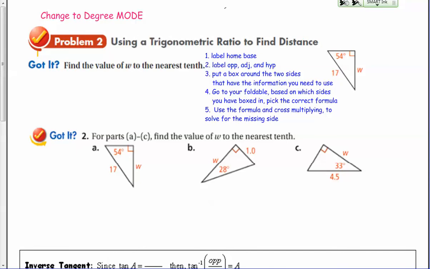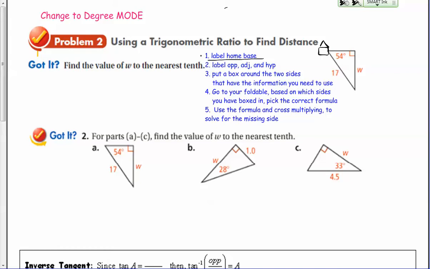All right, so today I've gone ahead and actually written down the different steps that we use to go through a problem like this. And so our first step is going to be to label home base. So take a minute to come over to your triangle, and the only angle that it gives you is going to be home base. So that's going to be my step number 1. I'm going to draw a little house right there at my home base.